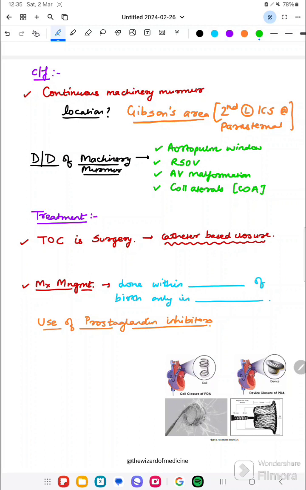Now let's discuss the treatment plan of patent ductus arteriosus. So the treatment of choice is mostly surgery, and we do a catheter based closure, okay? So catheter based closure with the help of an occluder or a coil closure.